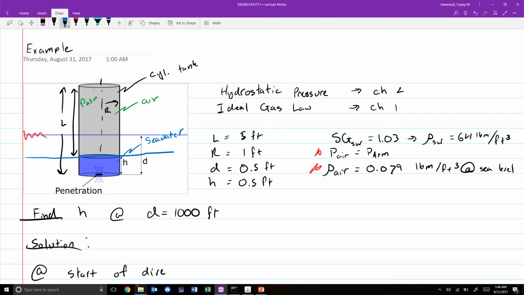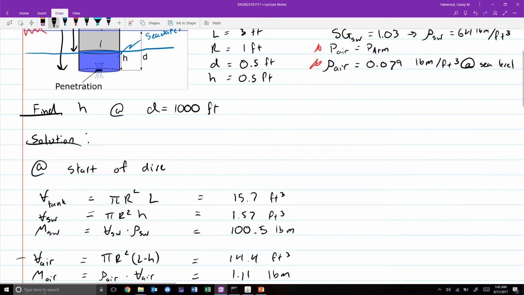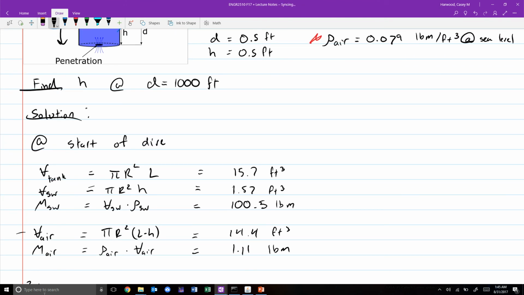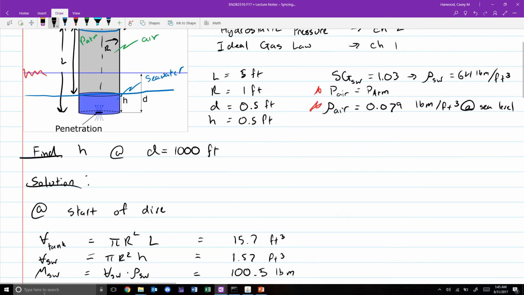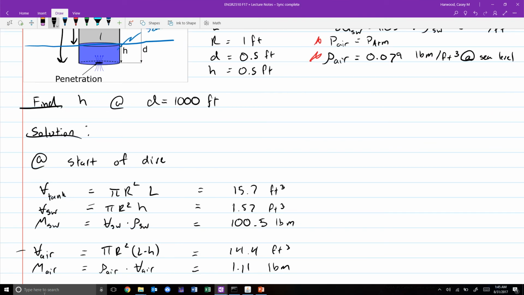But by the end of its 1,000-foot dive, what started out as a 4.5-foot tall column of air has been reduced down to 0.15 feet, which is 1/30th the original volume. So it's compressed this initial 14.4 cubic feet down to 1/30th of that volume, while the air retains all of its mass.